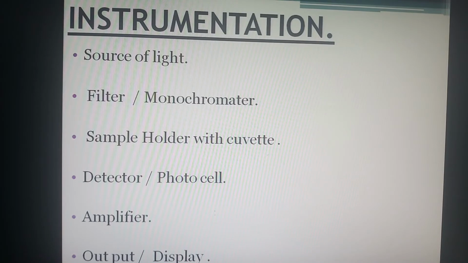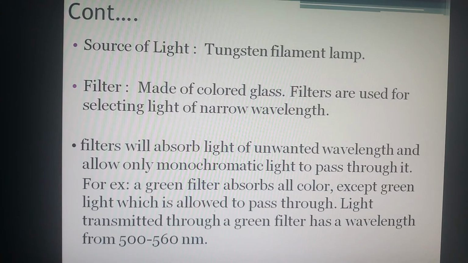Now the instrumentation. In the block diagram, it consists of the source of light, then the filter or monochromator, then the sample holder with the cuvette, then the detector or photocell, the amplifier, and finally the output display showing the final concentration. The first component is the source of light.